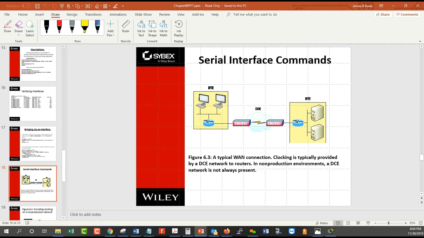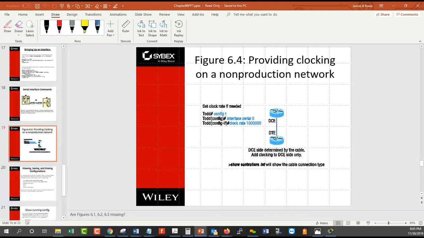We have gone over numerous times how to configure the serial interface between 2 routers, so I'm not going to go through that again. About having the clock rate on the DCE side. Okay, so there's the DCE and the DTE, and we only do clock rates on the DCE side of the connection.